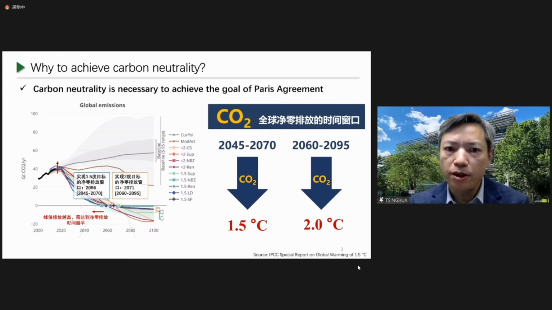Well, to ensure 1.5 degree target within reach, the time for the world to achieve net zero carbon emission needs to move earlier to 2050. So in short, carbon neutrality is necessary to achieve the goal of Paris Agreement.